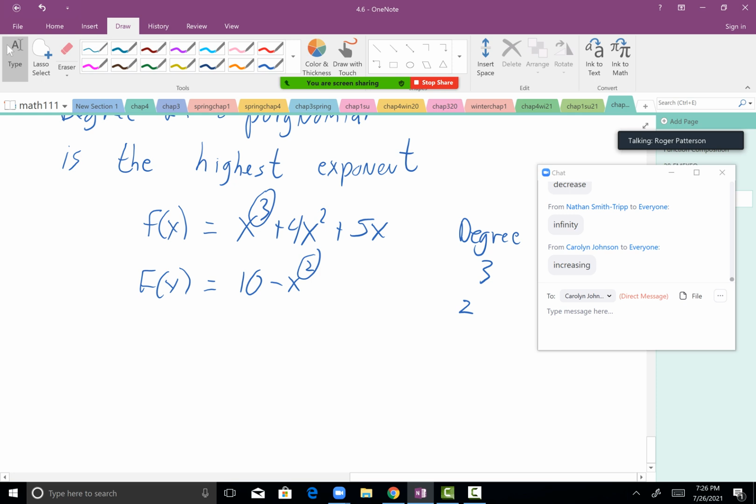Okay, I'm going to give you another one to graph in Desmos here. All right. Go type that one in.